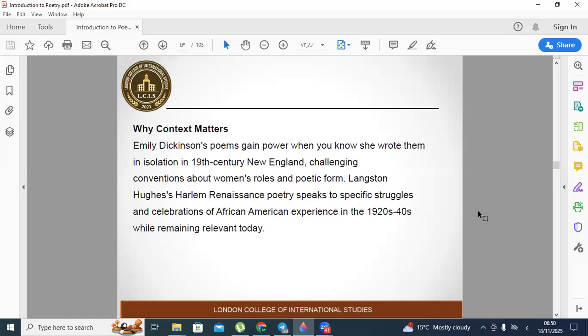When Hughes asks what happens to a dream deferred, he's speaking both to his specific historical moment of segregation and ongoing civil rights struggles and to the universal human experience of thwarted aspirations.